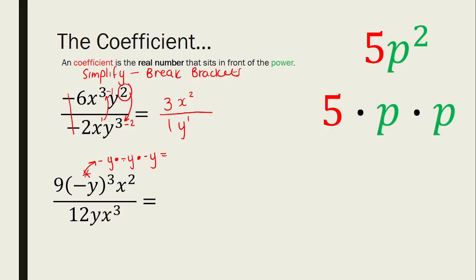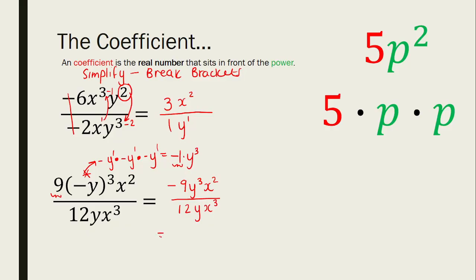Well, negative times negative times negative is still a negative. And then I've got a y to the power of 3. Because remember now, this is multiplying, and we're going to add the exponents. This is actually a -1. So I've got a coefficient sitting over here and a coefficient sitting over there. And because it's all multiplication, this is actually a -9 now. y to the power of 3, x squared, all over what was there from the beginning.